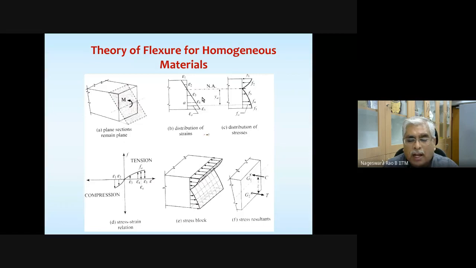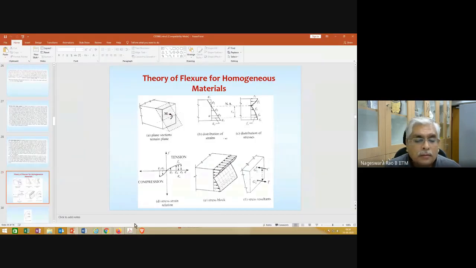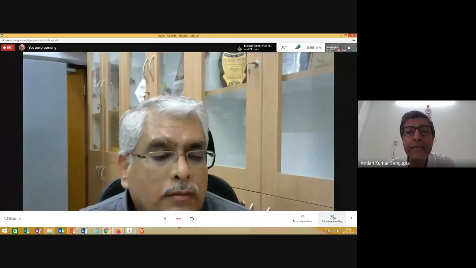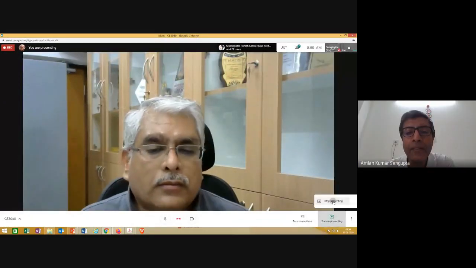Professor Amlan, you want to add something? Yeah, just as a quick point, there is a new type of bars which is called thermomechanically treated bars, TMT bars. Now, these bars are produced by some special treatment process, and their ductility is increased because of this process. We'll be seeing lots of advertisements of these TMT bars.